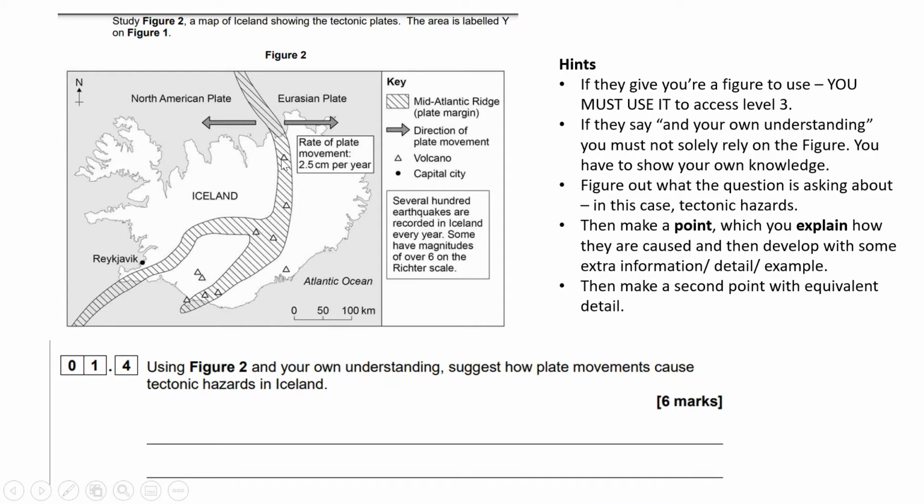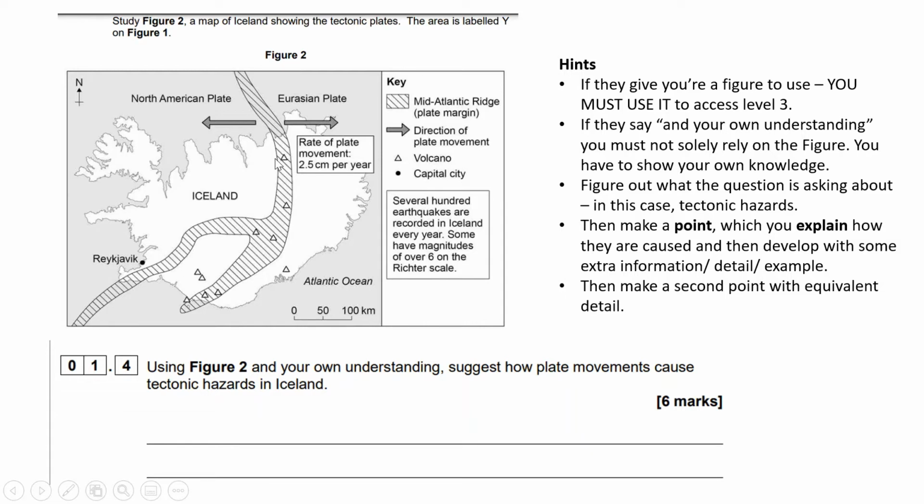For example, we know what kind of volcanoes we find at this type of plate margin. So tell the examiner that, show them that you have understanding that these volcanoes have a certain type of lava and they have a certain shape. And then you can talk about whether that affects the hazards that they may pose.